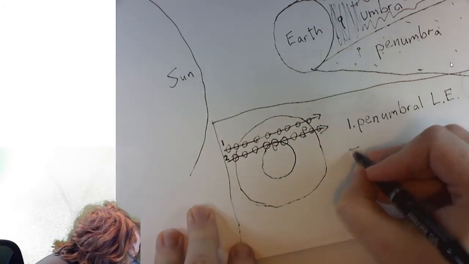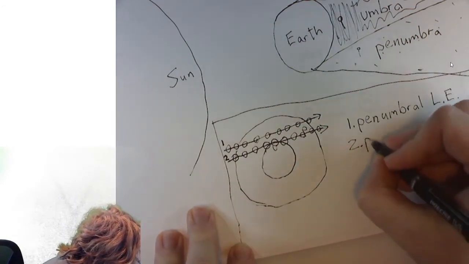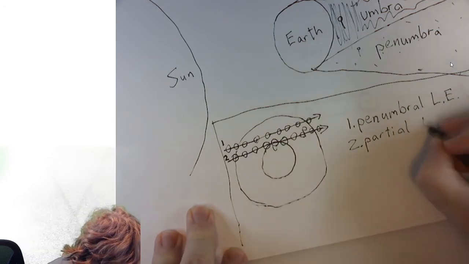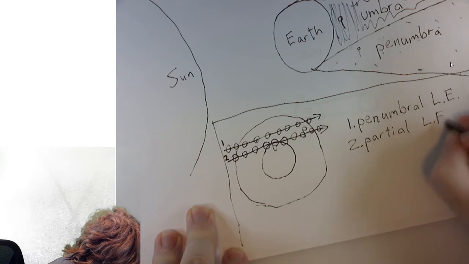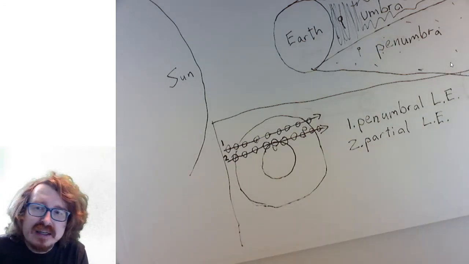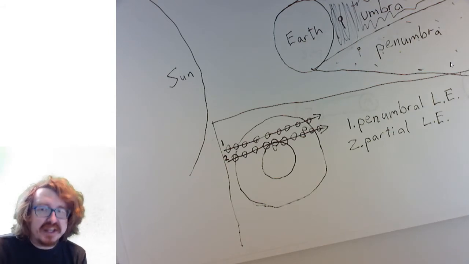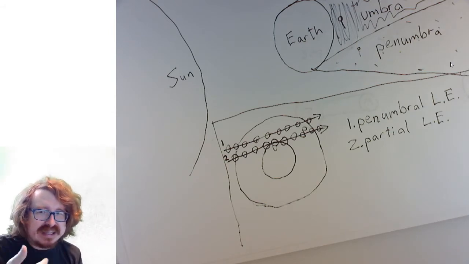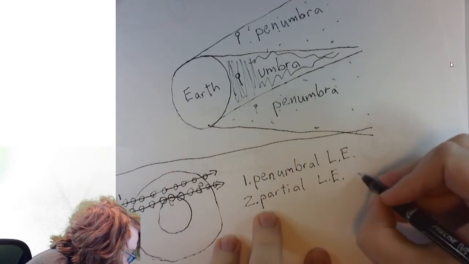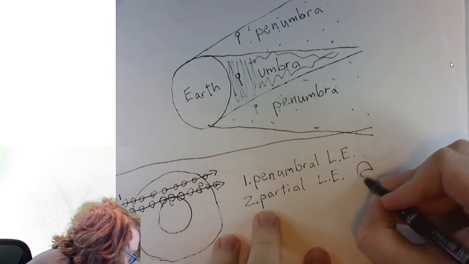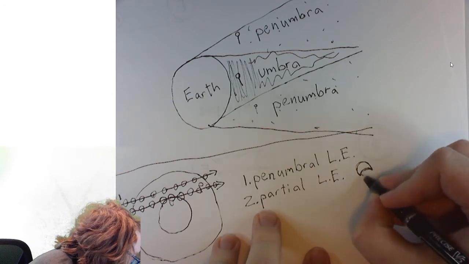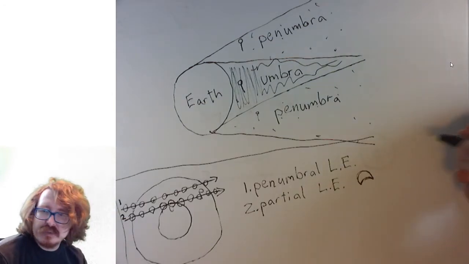In that case, we're going to call it a partial lunar eclipse. The part of the moon that goes in the umbra would go completely dark. And so essentially what that's going to look like is it's going to look like somebody took a bite out of the moon. It'll look kind of like that.